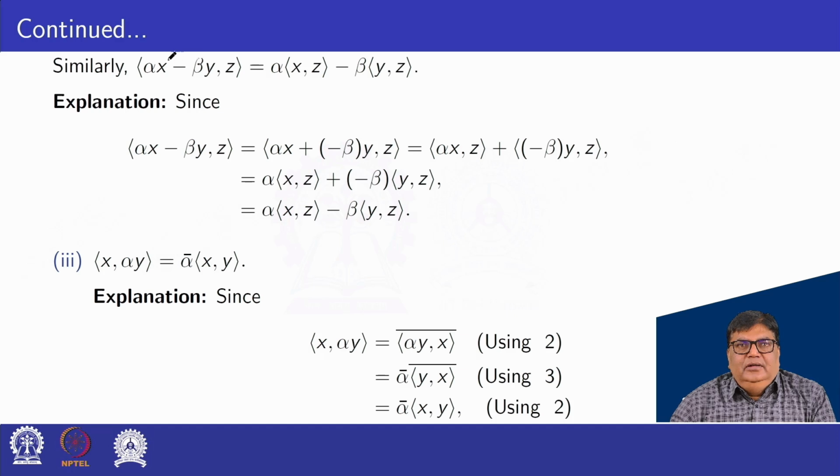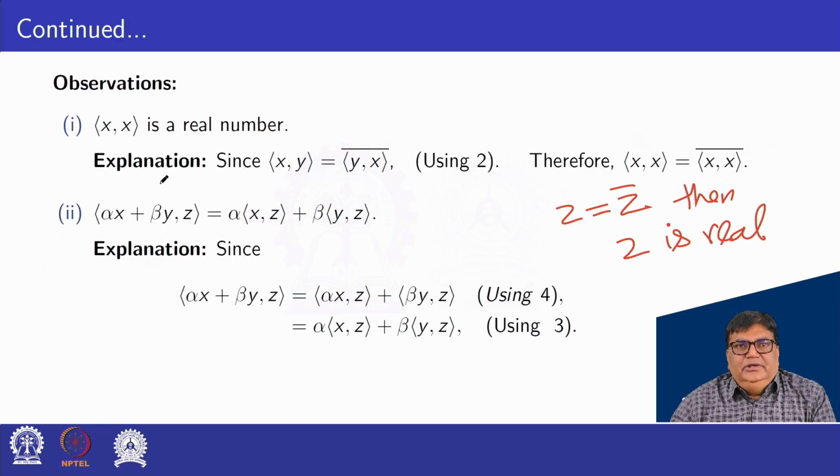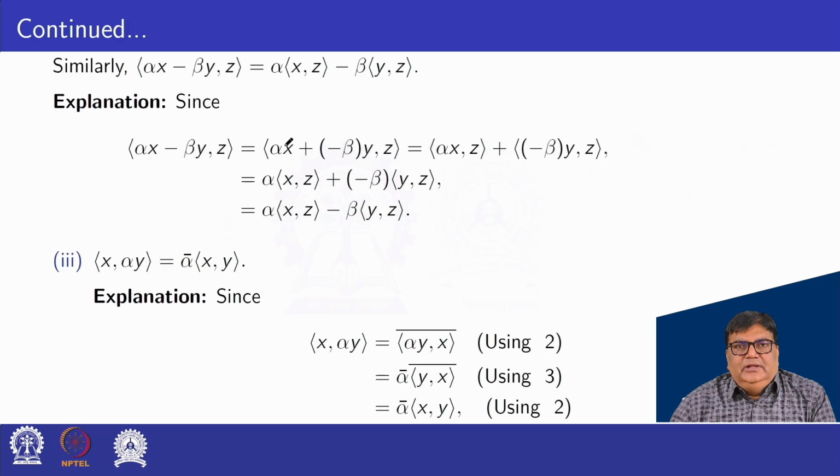Similarly, inner product of (alpha x minus beta y, z) equals alpha inner product of (x, z) minus beta into inner product of (y, z). Explanation. Since inner product of (alpha x minus beta y, z) can be written as alpha x plus (minus beta) y, using this property, that is inner product of (alpha x, z) plus inner product of (minus beta y, z).